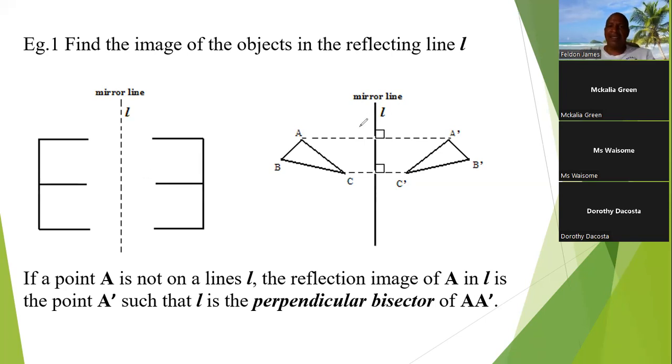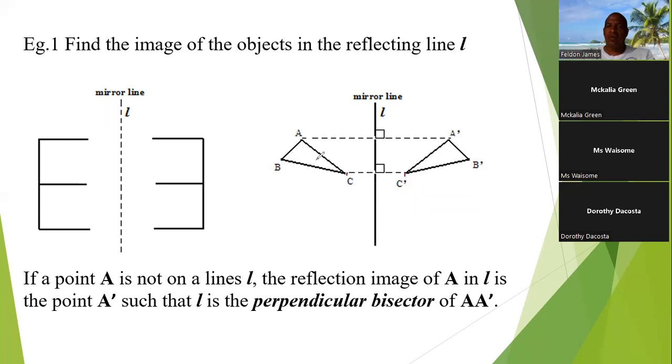Now, if you look at the right reflection, you have the triangle ABCD. What you notice is that the point C, which is the point closest to the mirror line, the image also has C dash closest to the mirror line.